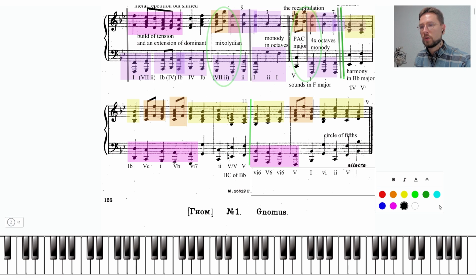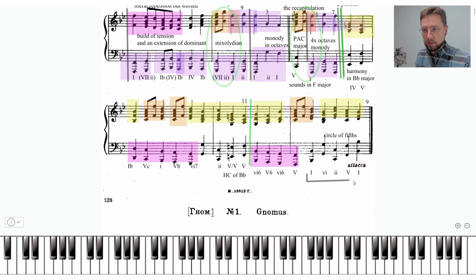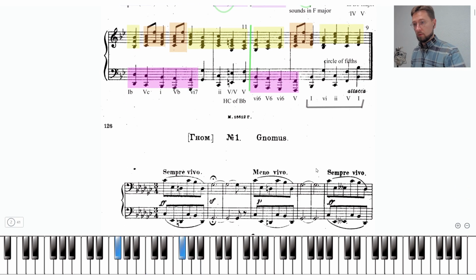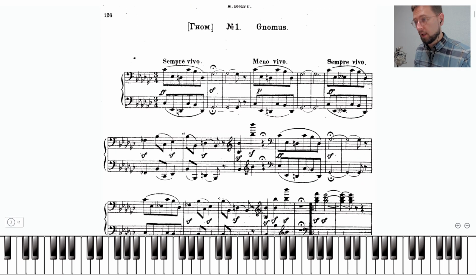Probably that's the most conventional classical cadence that you can imagine, which is starting with the tonic, has a predominant function that is a circle of fifths. It also highlights a little bit this mixolydian sonority, but it's a perfect cadence. And after that, we directly move to this flat 6, and continue with B flat.